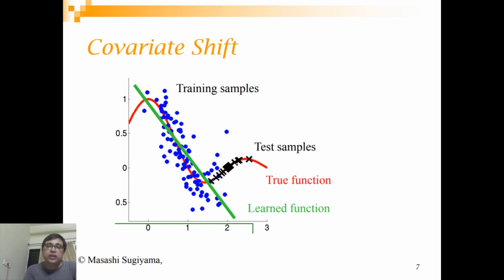However, your test samples come from a completely different area, and because you looked at the training samples, you thought that the decision function is like this green line, right? So the thing that we are trying to tell is that there is some amount of difference between the distribution used for the training samples and the distribution used for the test samples.